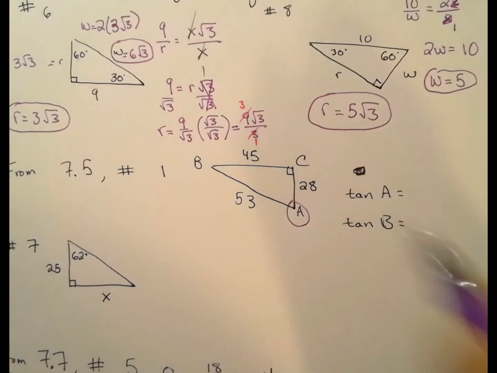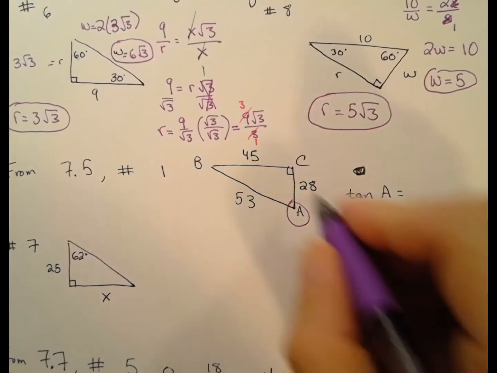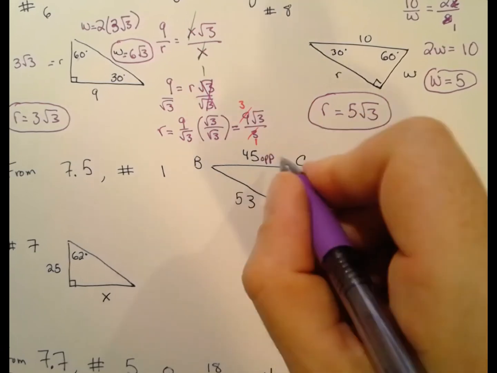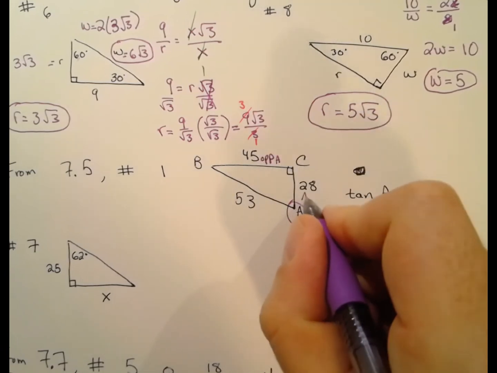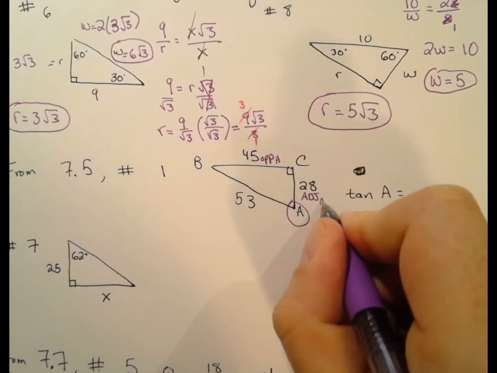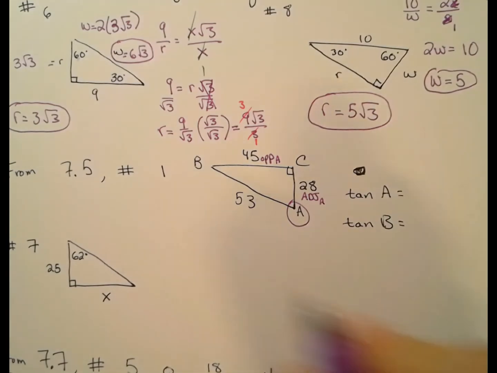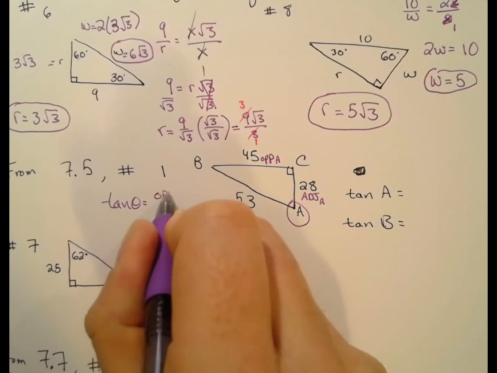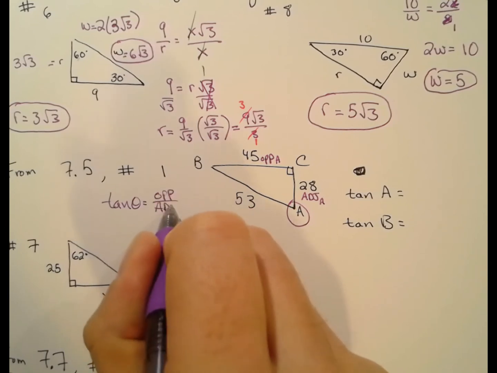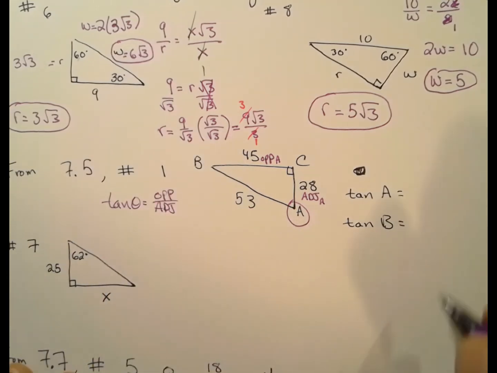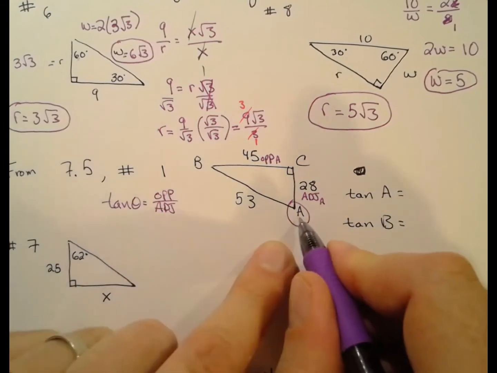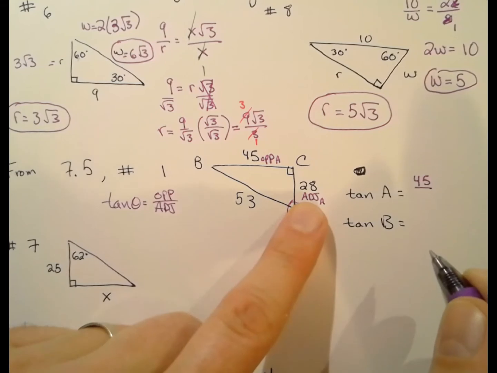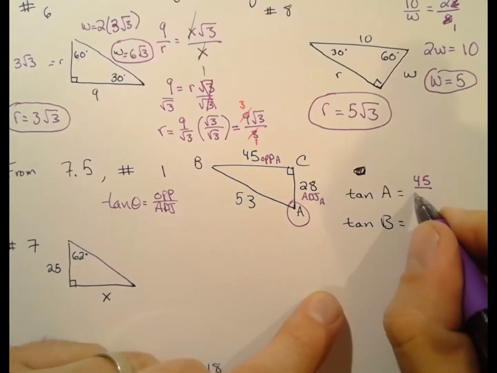So at angle A, this is the opposite side, across from A, and this is the adjacent side to angle A. And tangent in general is opposite over adjacent. So that's literally all we have to do. Tangent of angle A is the side opposite angle A divided by the side adjacent to angle A.